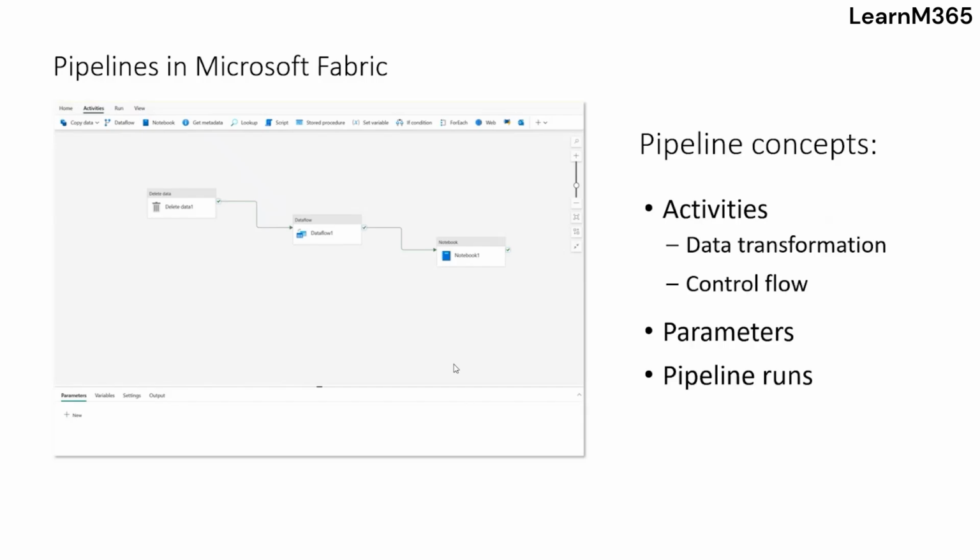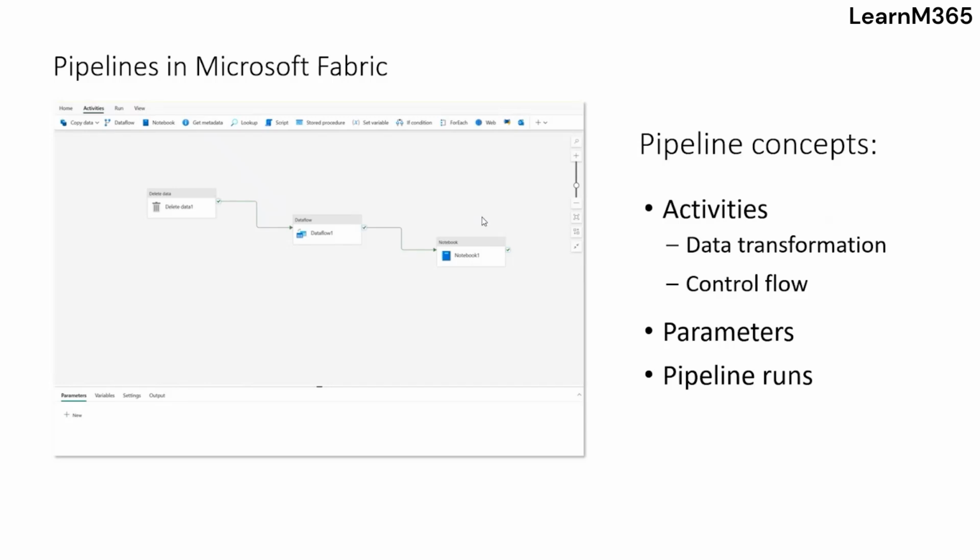Now we have certain core pipeline concepts. The first one is activities. Activities are basically executable tasks in a pipeline.